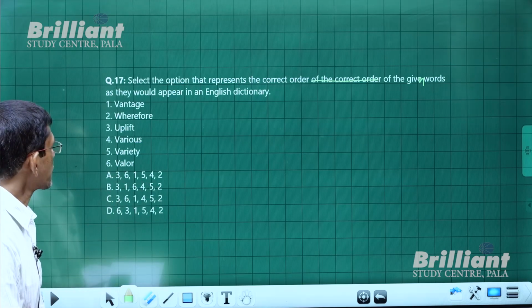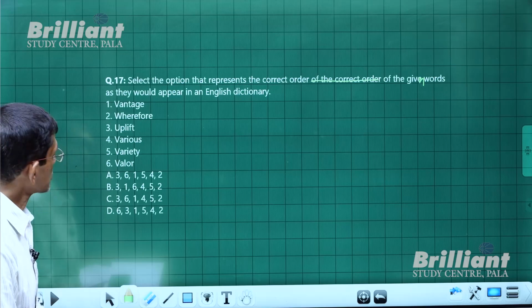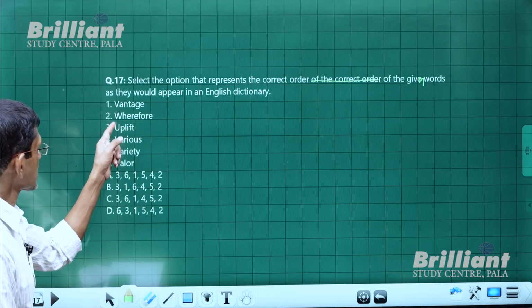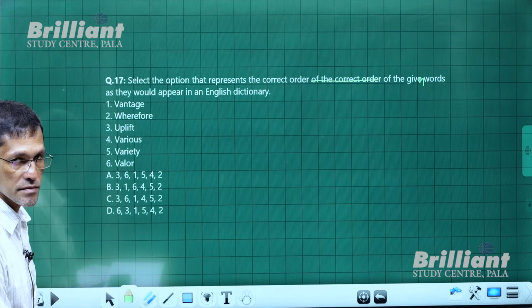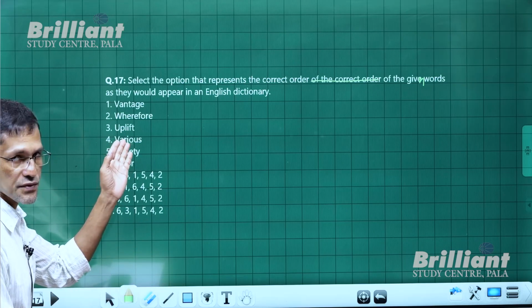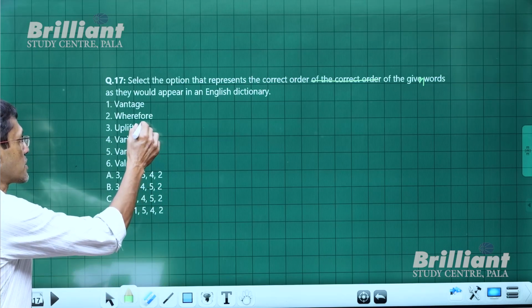So which is the first word? The first letters are U, W and V. At a glance, we can see that uplift is going to be the first one.